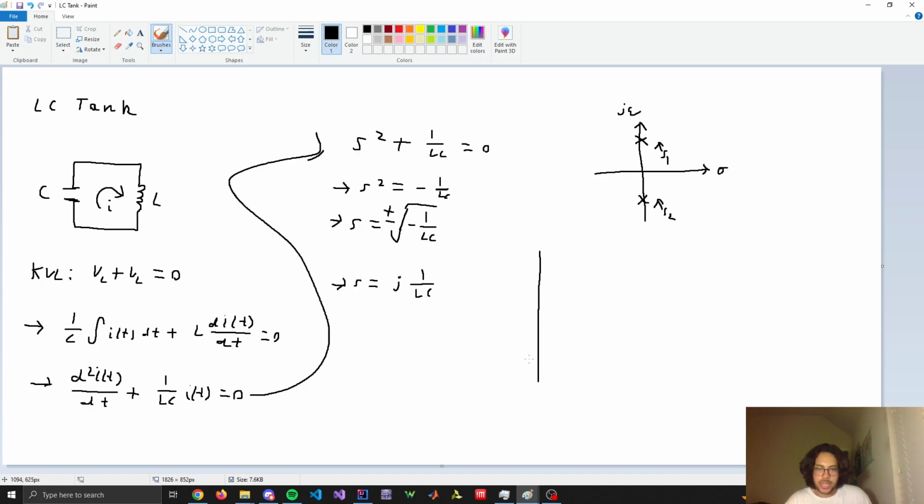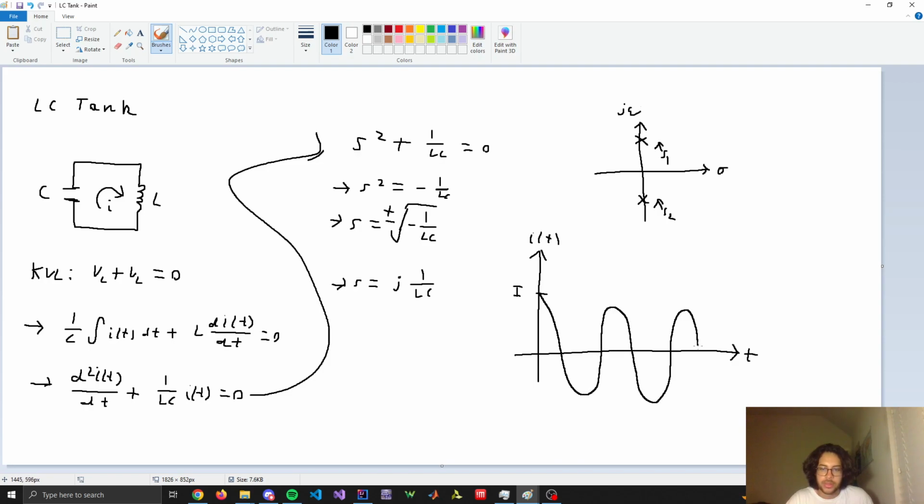And you could imagine that the interaction between these two would be just something like a cosine function, because it would be held at the initial current in the circuit, and it would be oscillating back and forth infinitely without decaying. But realistically speaking, that won't actually happen.